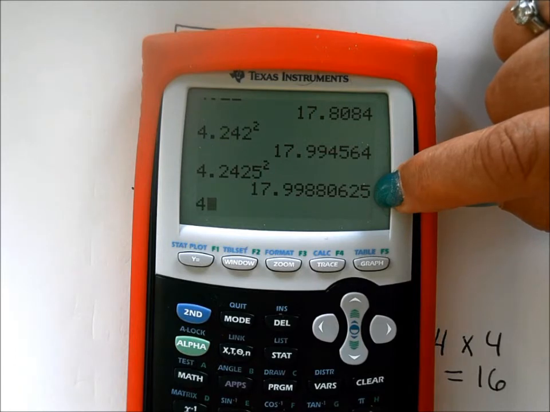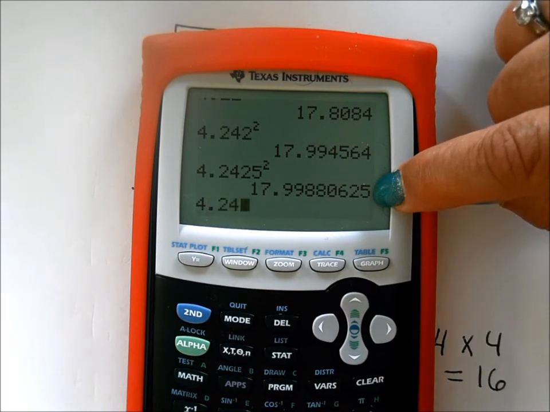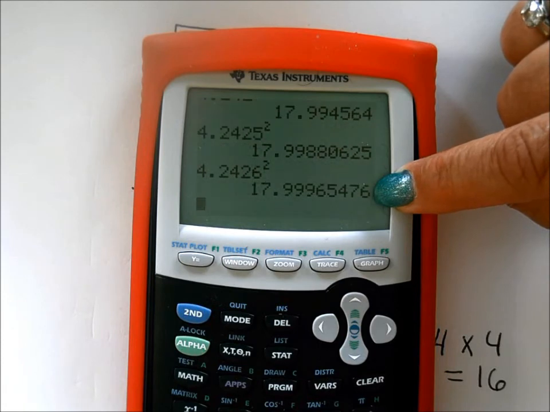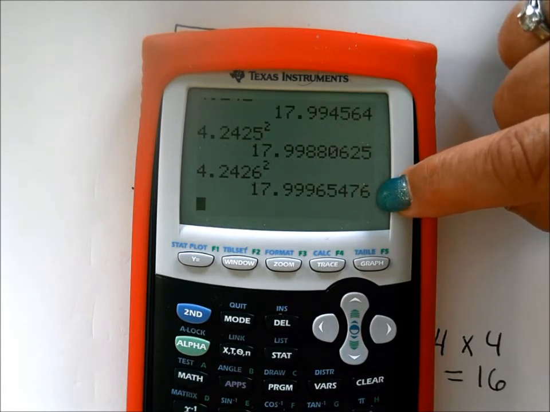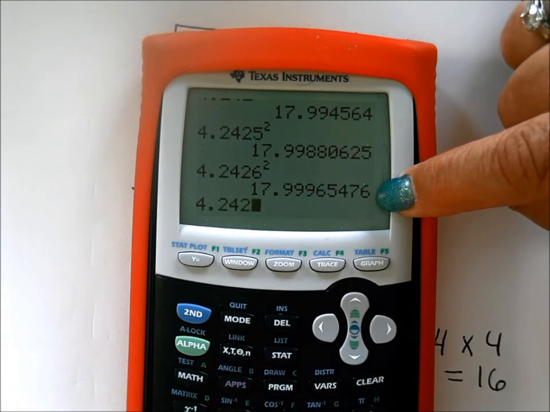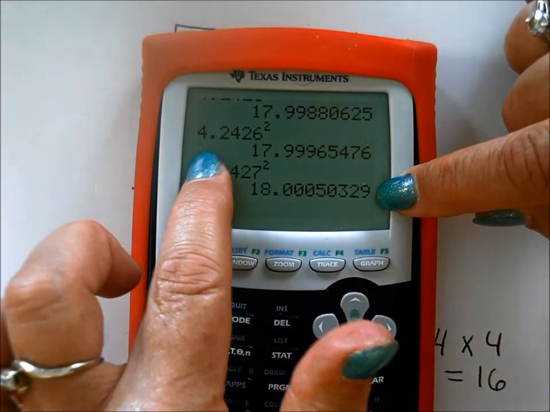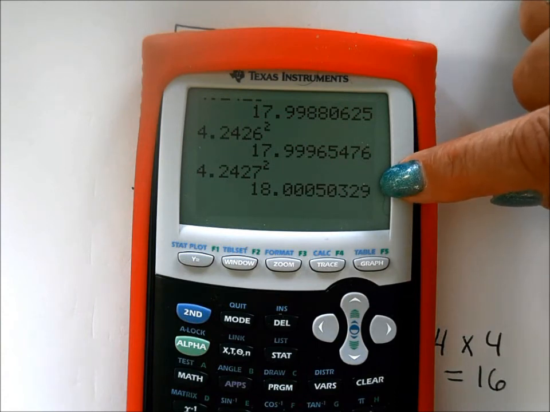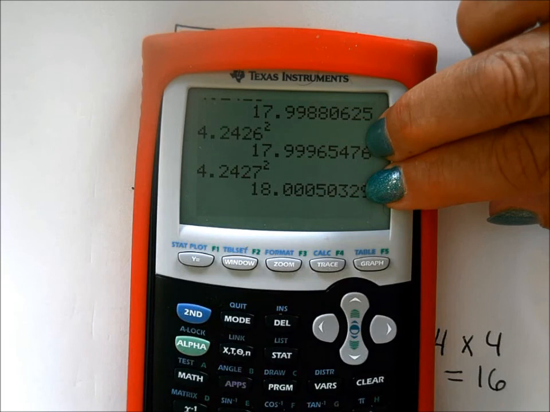I'm going to do 4.2426 squared, and I get 17.99. 4.2427 squared. So I know that it's between 4.2426 squared and 4.2427 squared. And that's a really close estimate.